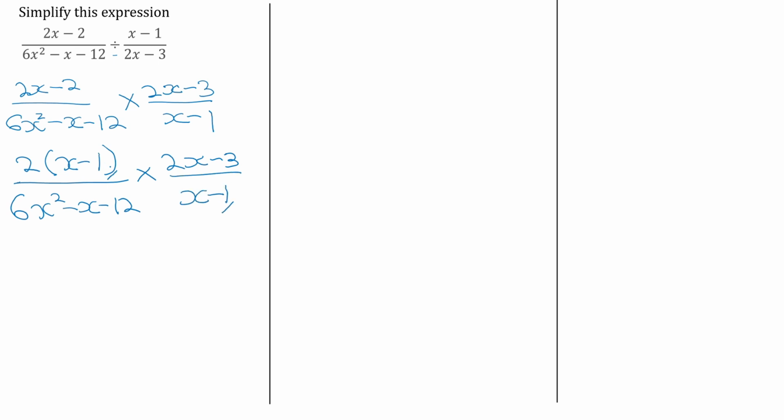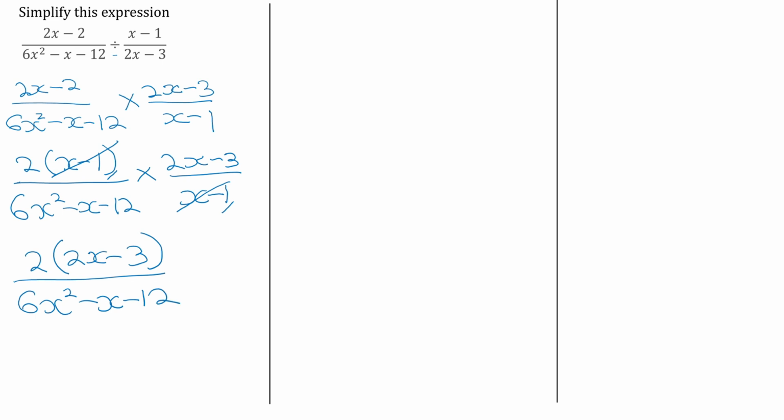This one and this one are common, so we can cancel them out, and you're left with 2 into brackets 2x minus 3, close the bracket, over 6x squared minus x minus 12.